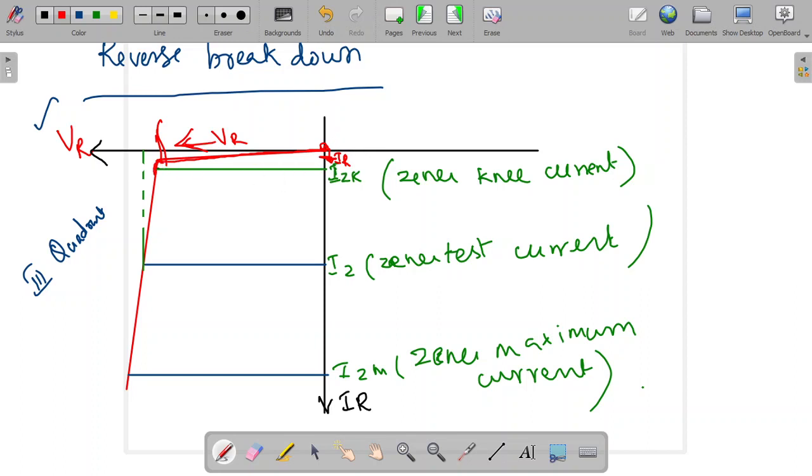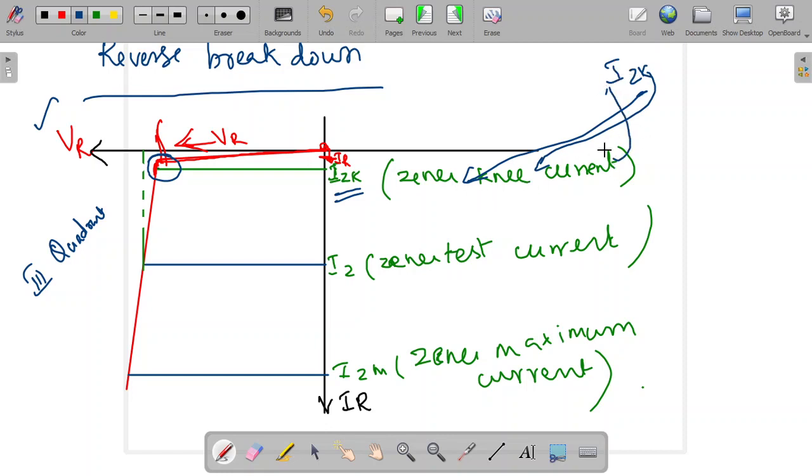After that it reaches the knee point. Once it reaches the knee point, that current we can take as IZK, the Zener knee current. Z represents Zener, K represents knee, and I represents the current.